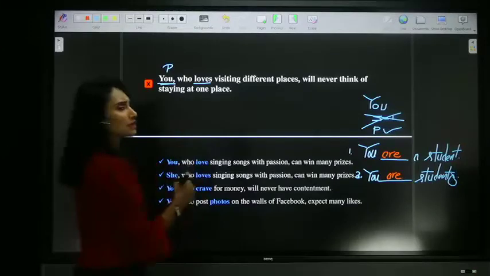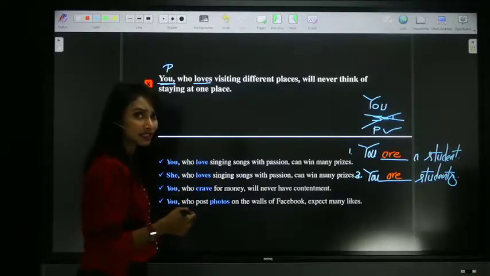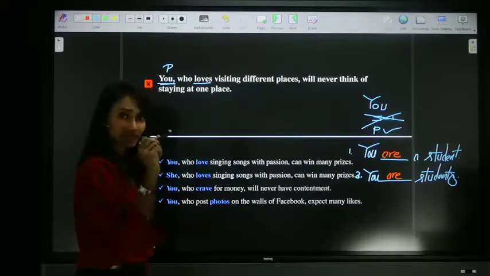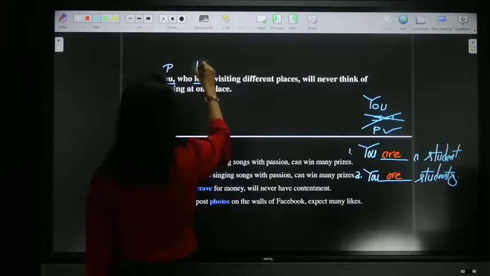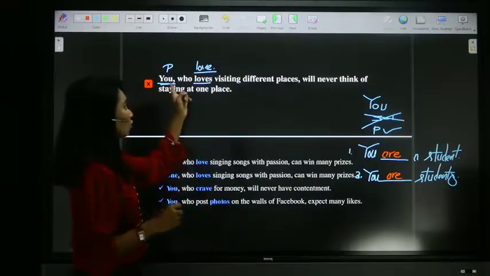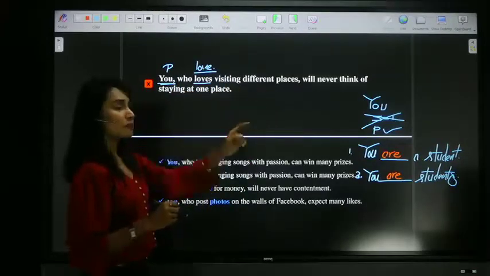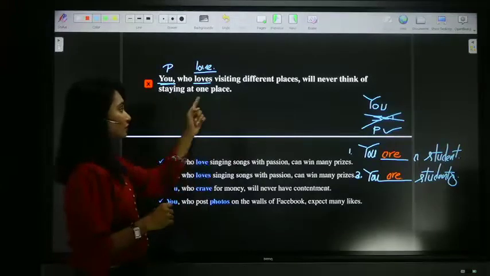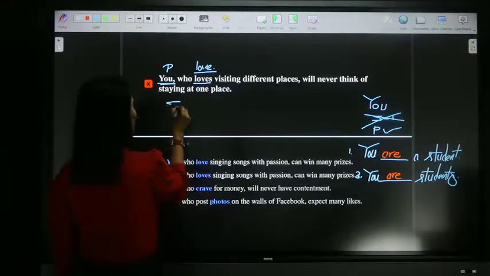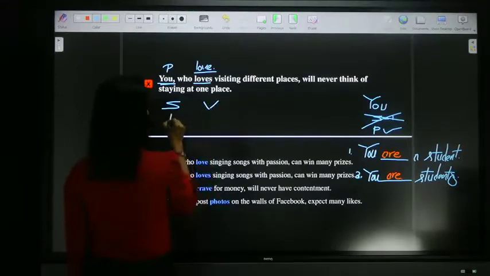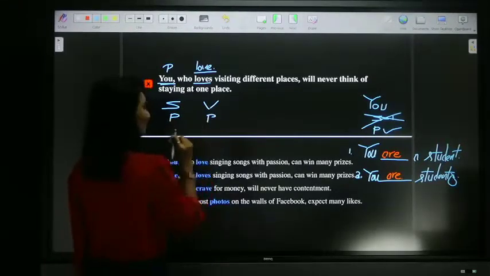Now, loves, is it singular or plural? We discussed if a verb ends with es, it is singular. That means we require plural, that is love. You who love visiting different places will never think of staying at one place. Why? Because subject is plural. So verb must be plural.